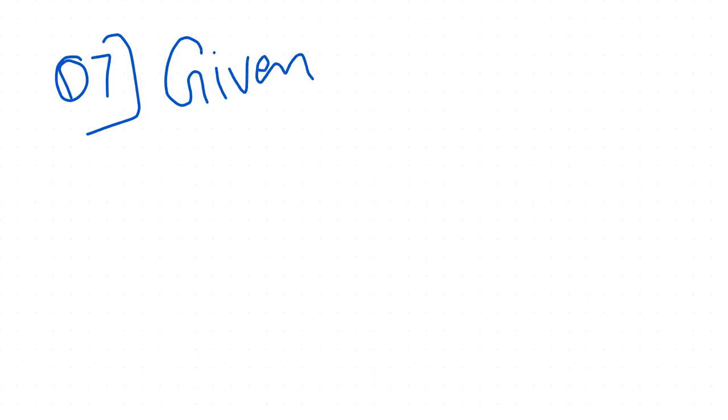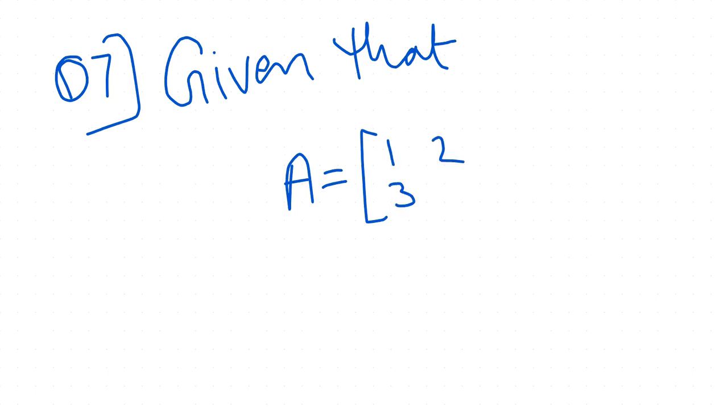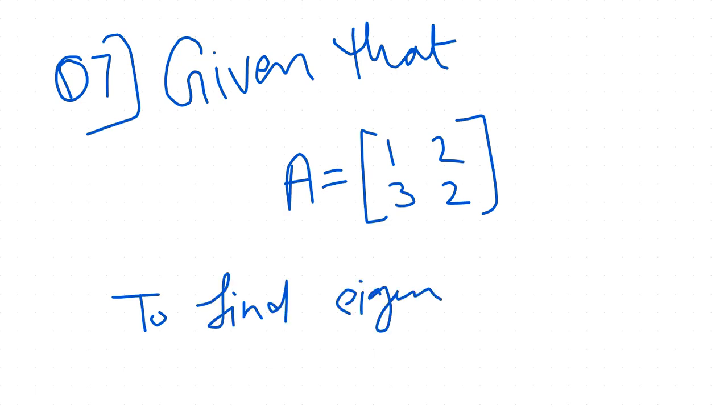Given that A is equal to [1, 2; 3, 2]. To find eigenvalues and eigenvectors, put determinant of A minus lambda I equal to 0.